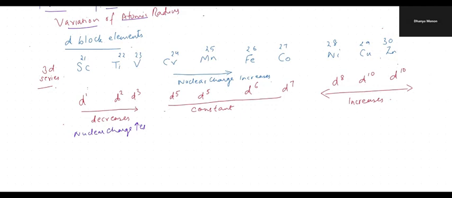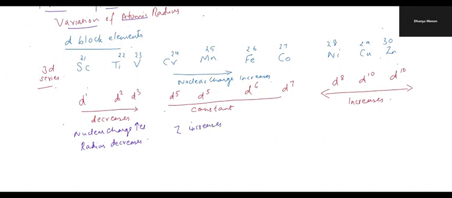So what is happening to the radius? Atomic radius is decreasing. But if you come to the next set of elements, what is happening? The nuclear charge Z increases. Yes, here the nuclear charge is increasing.